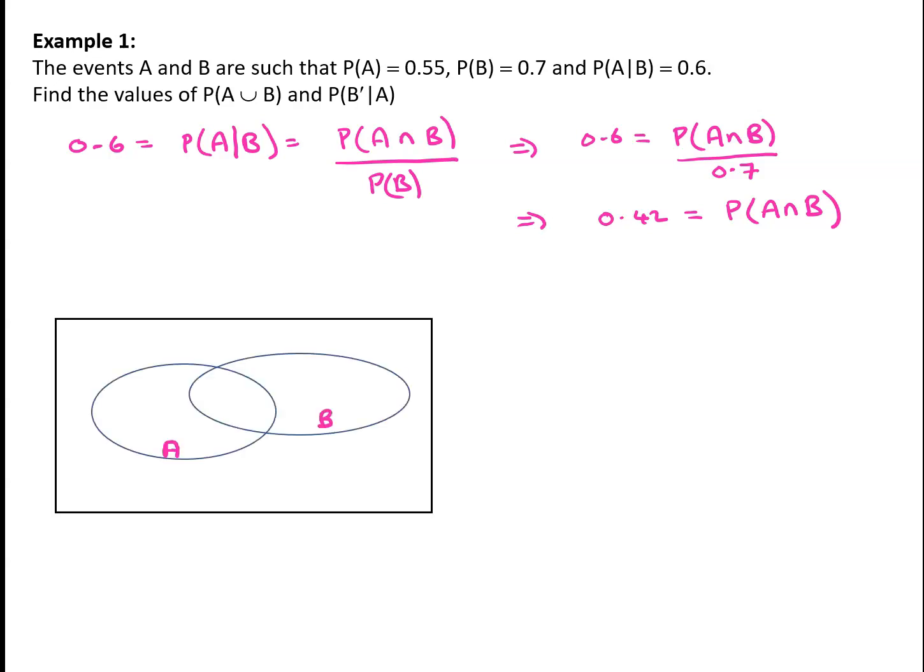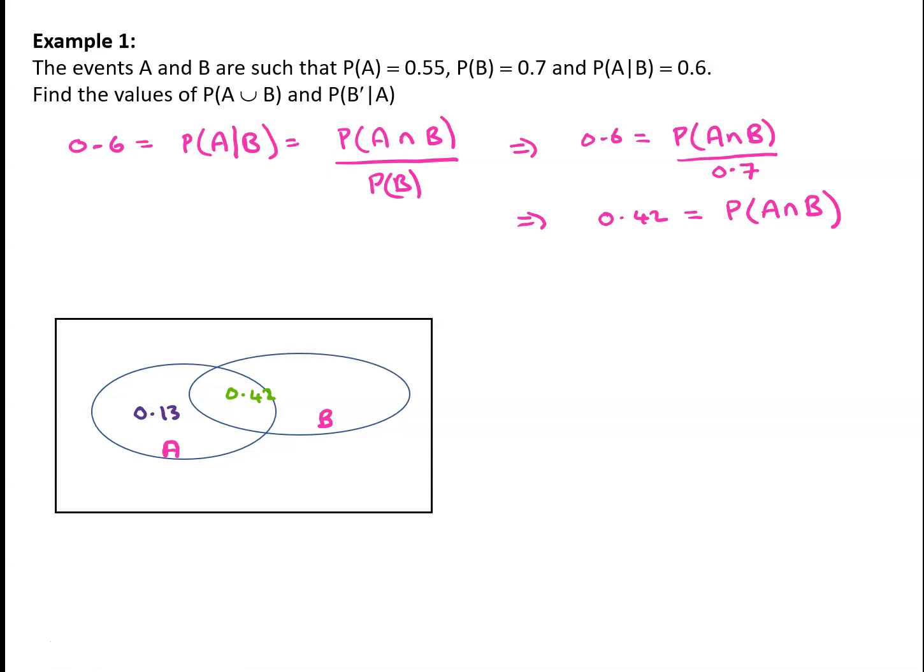So, drawing a quick Venn diagram, we know that 0.42 is the probability that we are in the area represented by A intersect B. We know that the probability of A is 0.55, so we can write 0.13 into the area of A which does not overlap with B. We also know that the probability of B is 0.7.